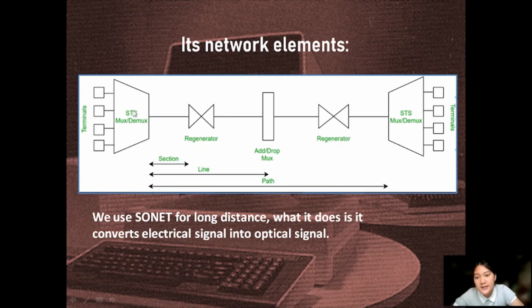So these devices are the STS multiplexer and the regenerator. This portion is called the line portion, because it connects two multiplexers, the STS multiplexer and the add-drop multiplexer. And the path is the end-to-end portion of our network.